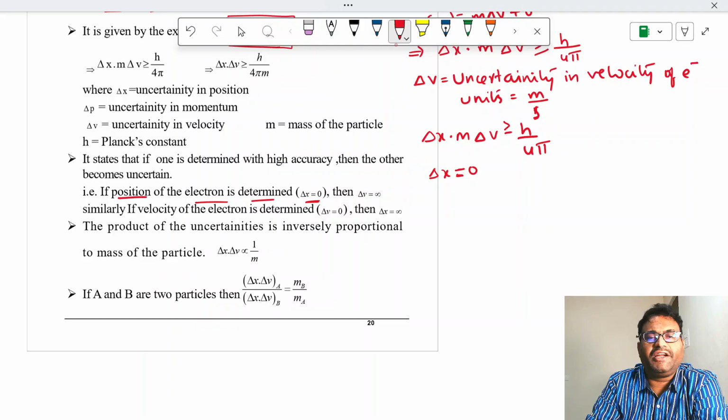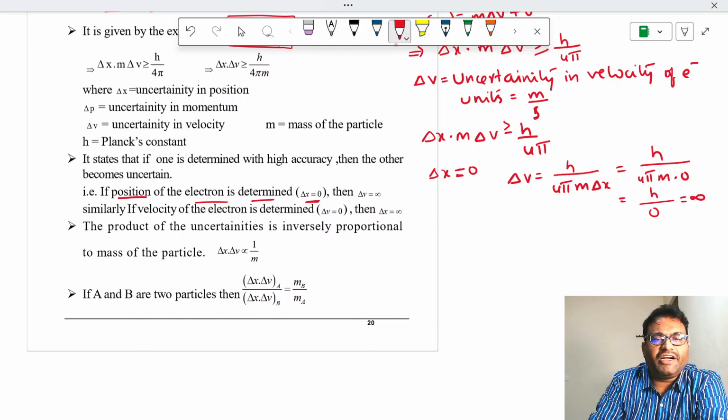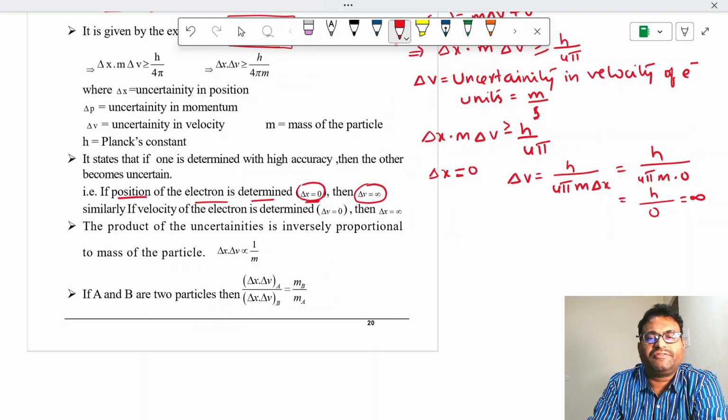Then what will be delta v? Delta v is equal to h by 4 pi m into delta x, that is equal to h by 4 pi m into 0. Delta x is equal to 0, no? Then that is h by 0. Anything by 0 is infinity. So when delta x is 0, delta v is infinite.